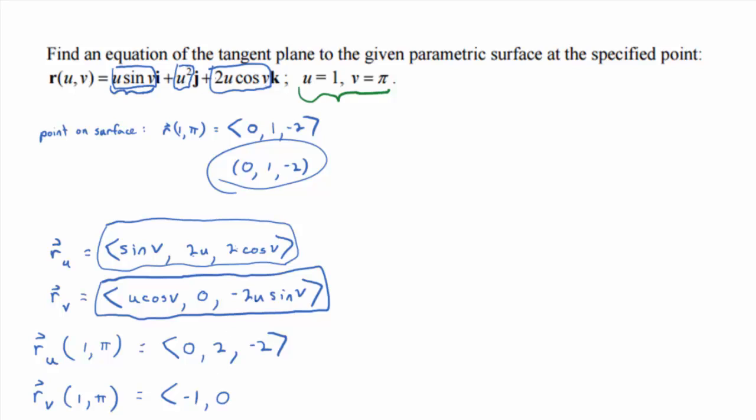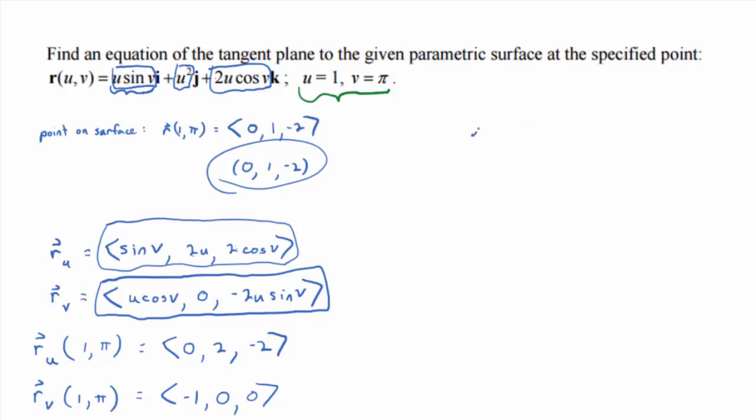And then -2 times sine of pi. Isn't that 0 also? Everybody see that? Now, to get our normal vector, we're back to the first chapter stuff. Take the cross product of RU cross RV both evaluated at 1 pi, and we'll have our normal vector.